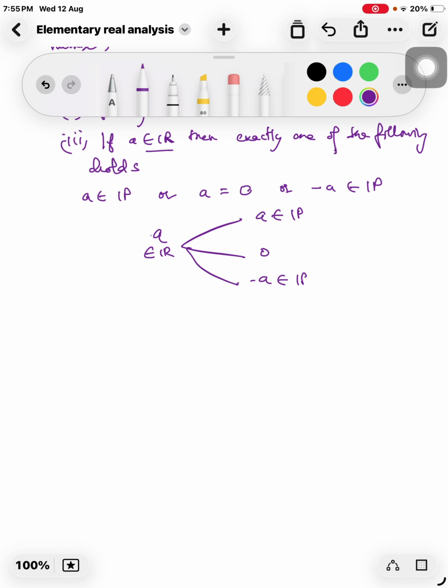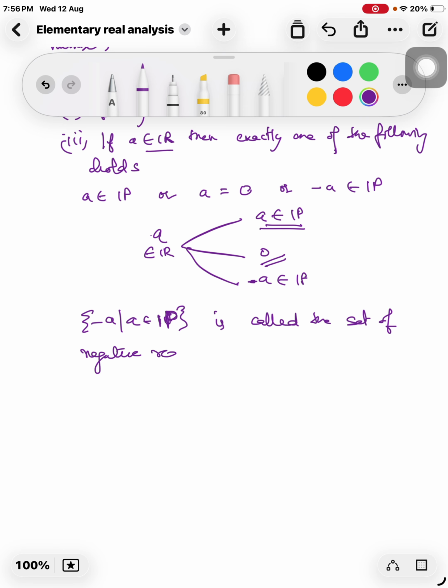That means we have divided R in three parts: the set of all positive real numbers, 0, and the set of all additive inverses of the positive real numbers, which we call the set of negative real numbers.